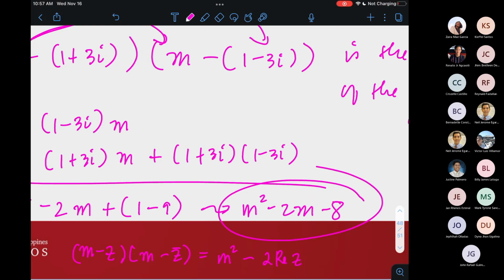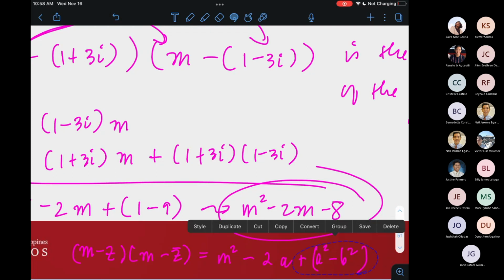Kunin mo lang yung real part ni z, multiply mo ng 2, then plus a squared minus b squared. Okay? So ang real part niya ay a nga pala, so ito na yan.